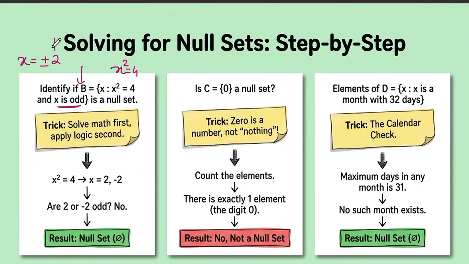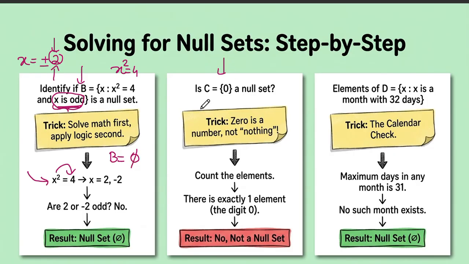So we get two values, plus 2 and minus 2. And one more thing is given, x is odd. Here both values are even, not odd. So in this set also there is no element which is an odd number that satisfies this condition. That means this set is also a null set or empty set. So B is equal to the empty set.